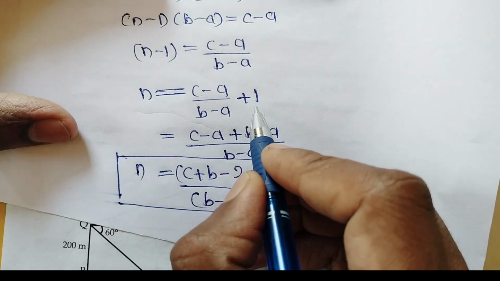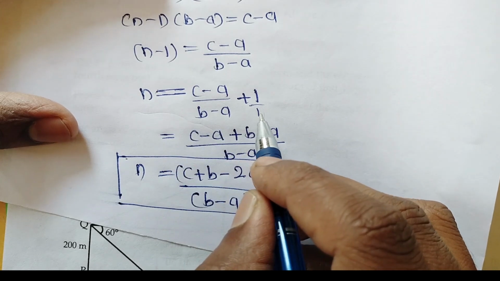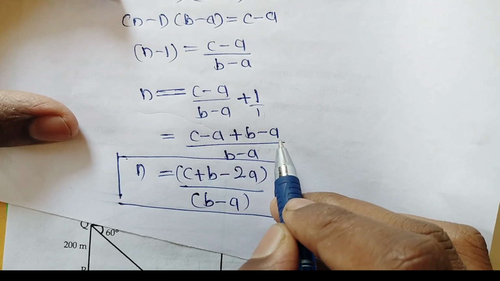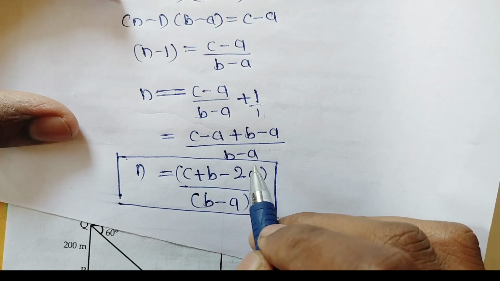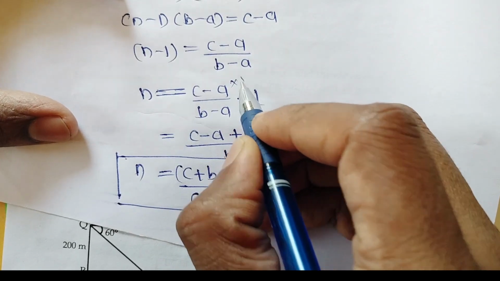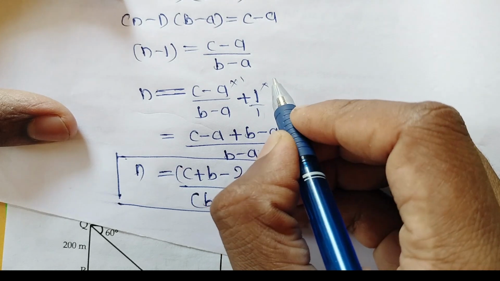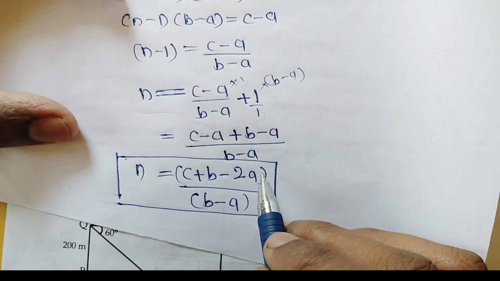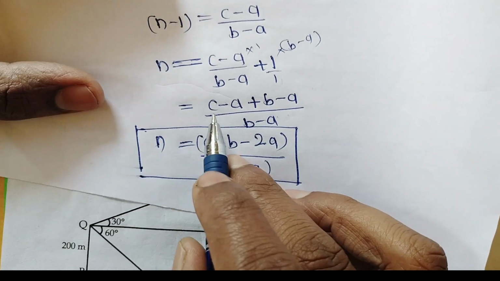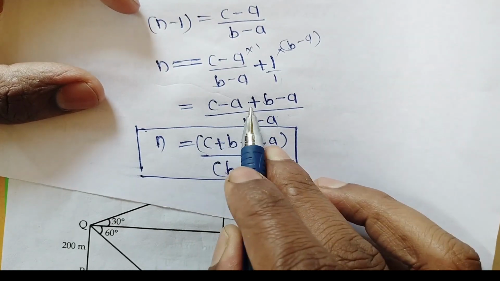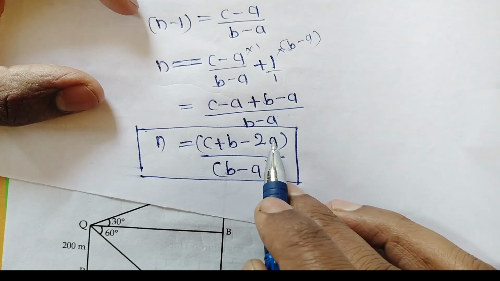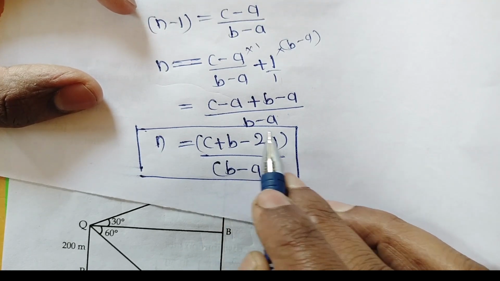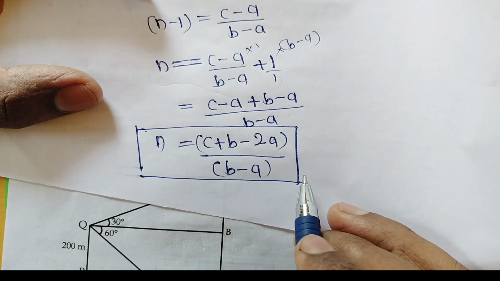Taking LCM, that becomes c minus a plus b minus a divided by b minus a, because the LCM is b minus a. So b plus this, minus a adding together becomes minus 2a, and the result is c plus b minus 2a divided by b minus a, which is n.